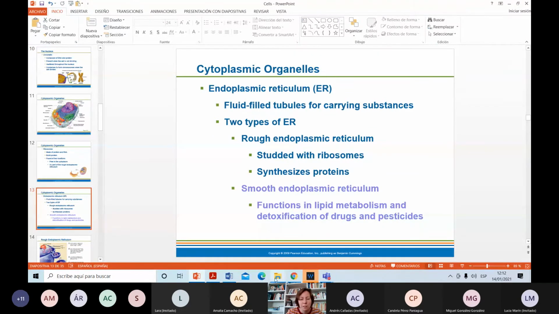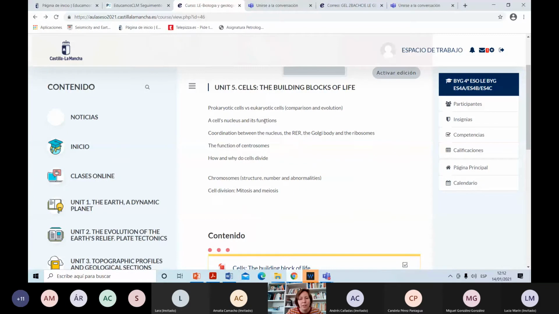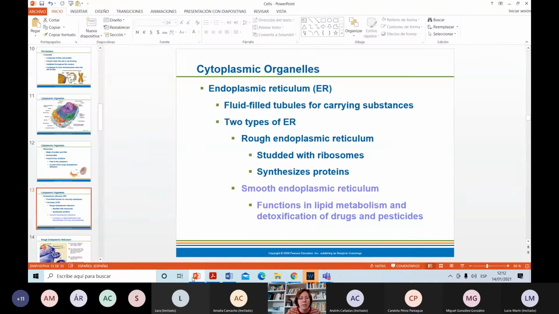Well, the following part in your unit, the cell's nucleus and its function, the next one is the coordination between the nucleus, rough endoplasmic reticulum, Golgi body, and ribosomes. So if you see in the presentation, we've got the next thing, which is the rough endoplasmic reticulum. There's 2 types of endoplasmic reticulum, but this year, the smooth one, we are not going to see anything.